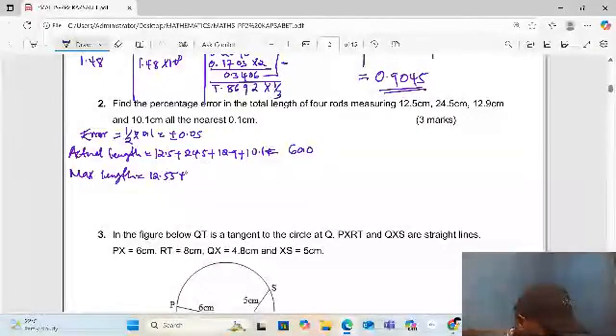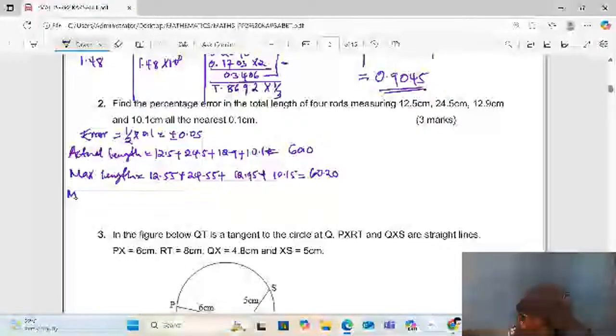Then we shall add 24.55, then plus 12.95, then plus 10.15. So in total, it gives us 60.20.